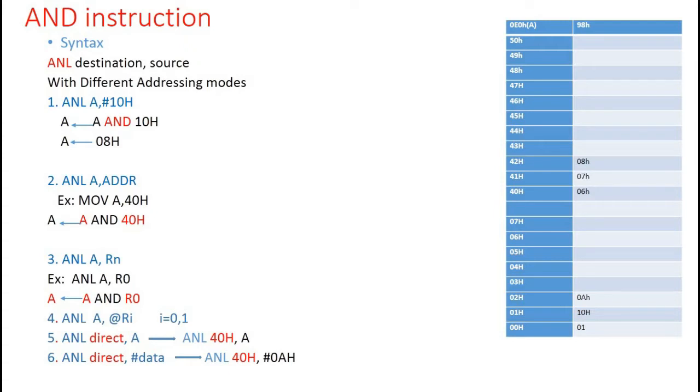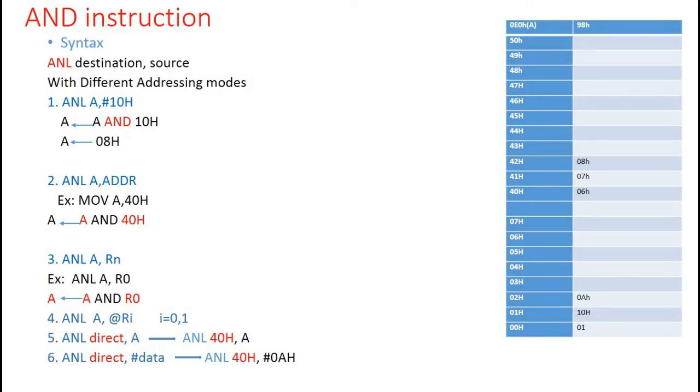What this instruction tells is that the processor will perform the AND operation between the contents of the accumulator and 10H. For reference, here I have written the internal RAM location.